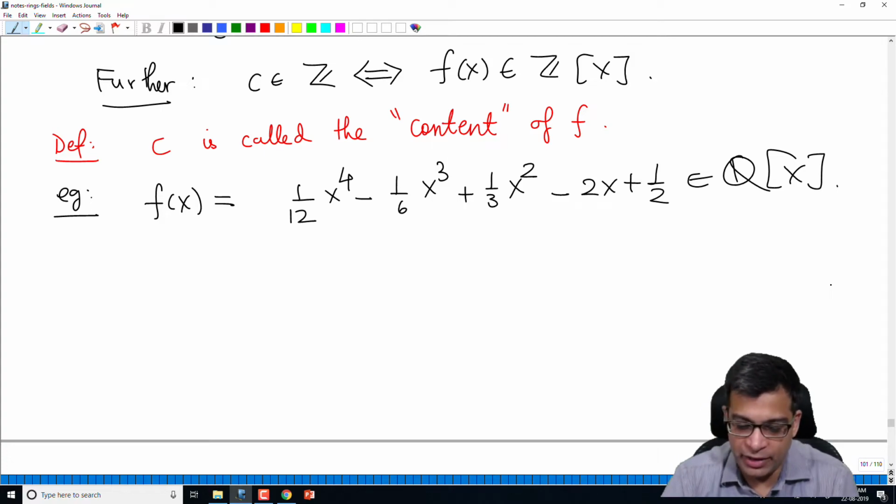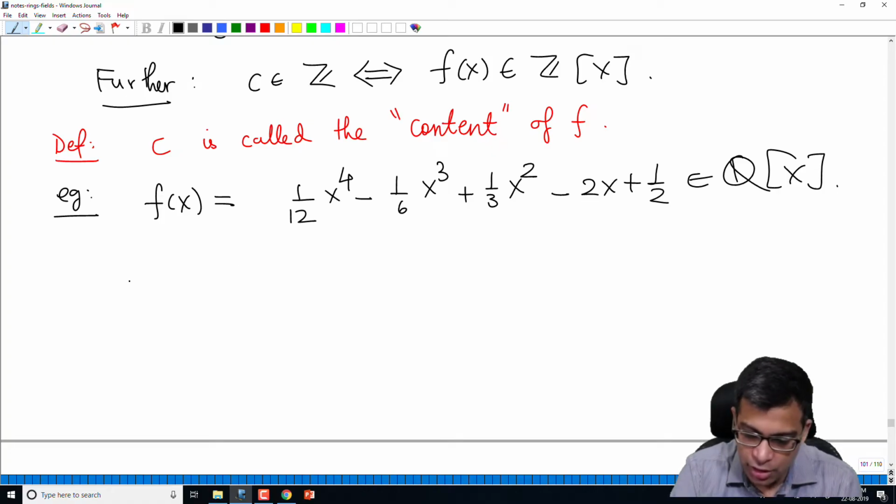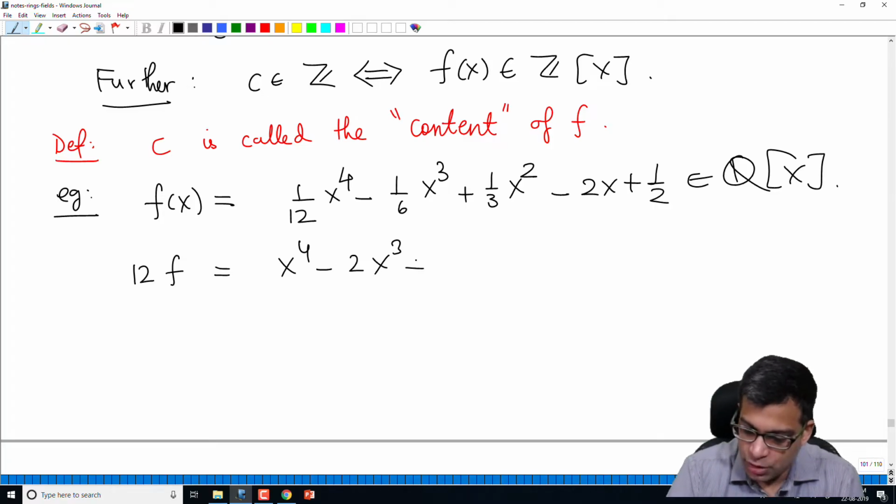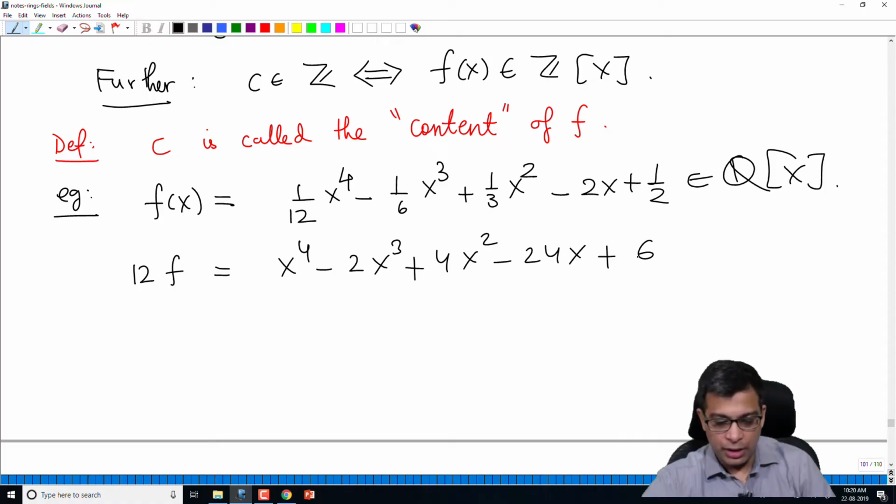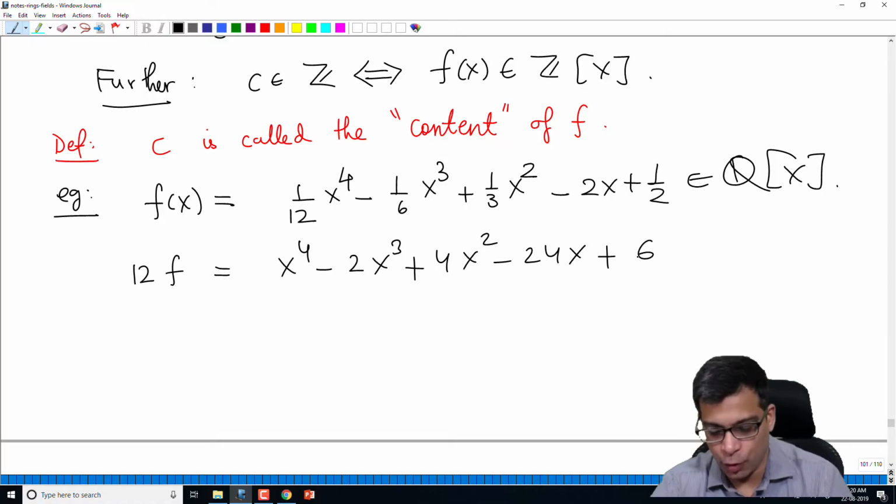So how do you write f as a rational number times a primitive polynomial? It's very simple. First we can clear the denominator. We consider 12f to be x^4 minus 2x^3 plus 4x^2 minus 24x plus 6, right?